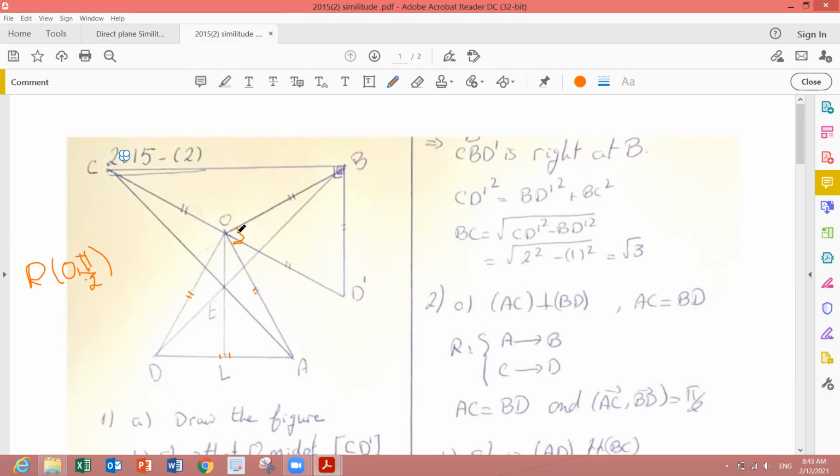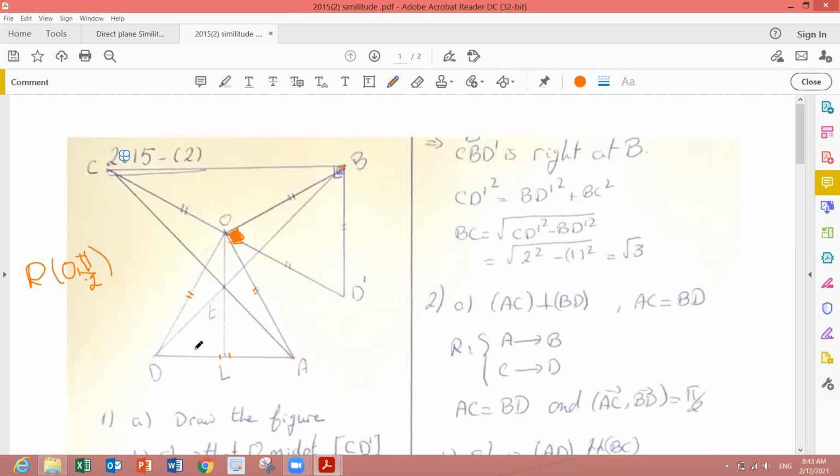We get the rotation of A, we call it B. Is it clear why B is here, Haikaz? Yes. So for the rotation of A, OA equals OB and angle AOB equals pi over 2.